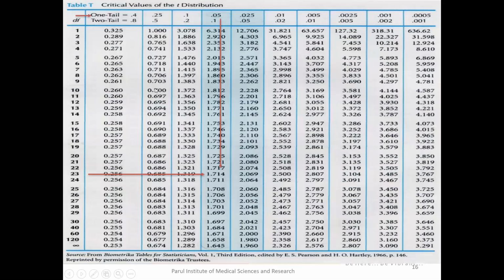So this is our two-tail test. So we check this column. We will check the value in this column. 0.05 here, and our test is two-tail, so this column and this same row.